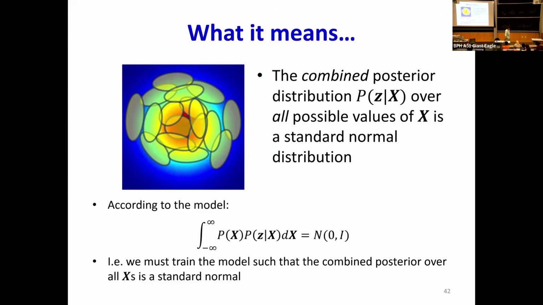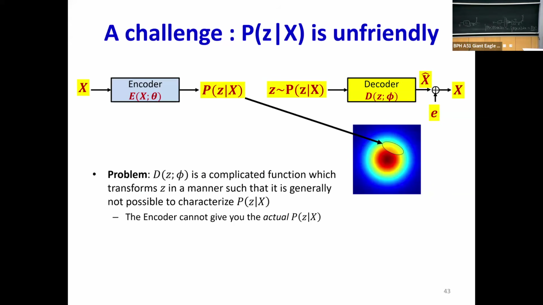But again, that's just the integral of P of x, P of z given x, dx, right? Which is going to be the integral of P of x comma z dx, which we know is just P of z. We're saying this guy is standard Gaussian, right? That's what this means. Okay, so we are going to try to minimize the error between this guy and the standard Gaussian. But we still have a problem.